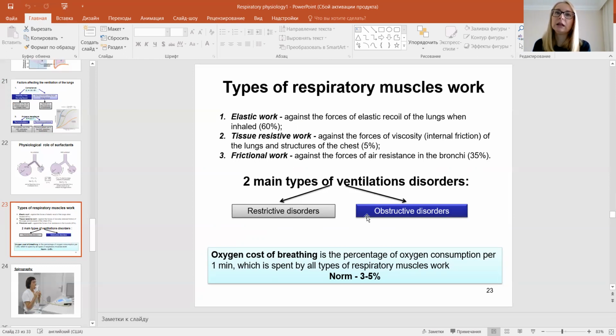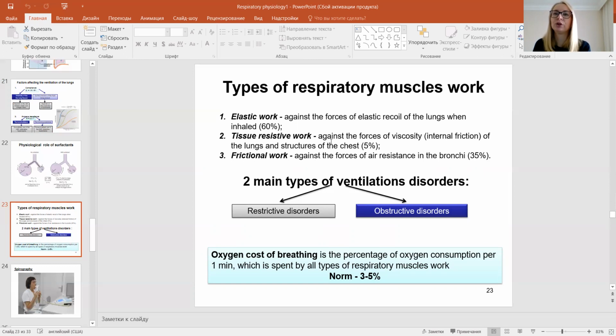In the case of obstructive disorders, the frictional work, the third type of work, increases, which results in the involvement of accessory inspiratory and expiratory muscles in breathing. The expiration is especially complicated. Expiration, not inhalation.